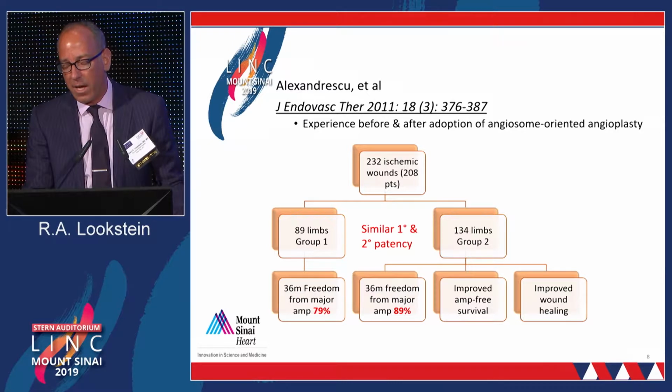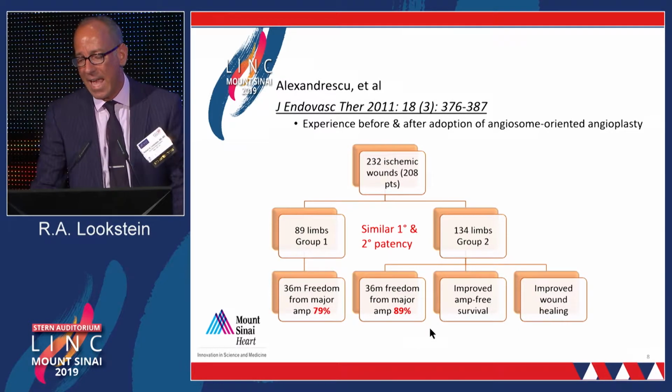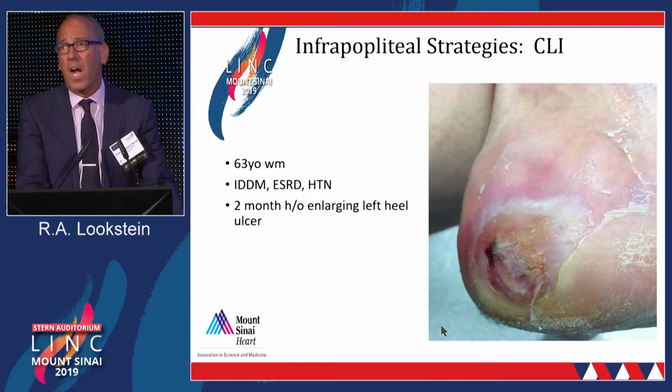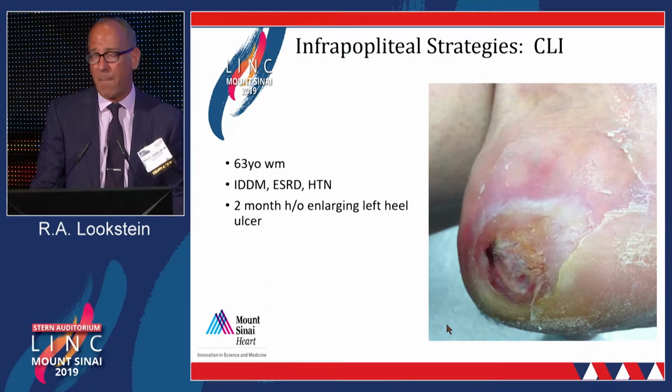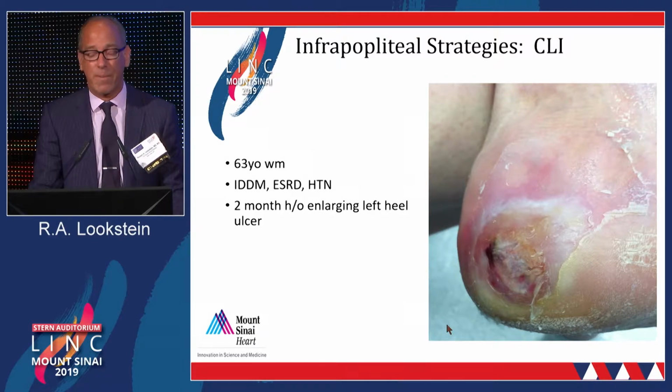Those that were treated somewhat randomly without an angiosome-directed approach, where at 3 years there was 79% freedom from major amputation, whereas group 2, where they did adopt an angiosome-directed approach, they were able to achieve 89% limb salvage at 36 months. So proof of concept may in fact be there. I think this is a ripe opportunity for prospective research, perhaps even public funding.